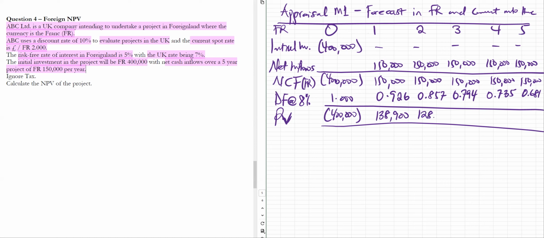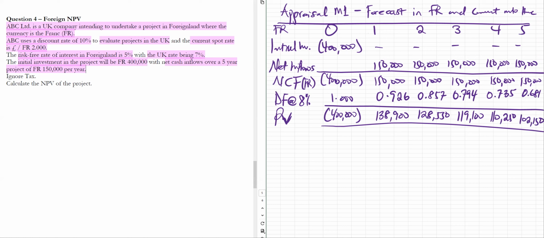So 150,000 by 0.794. That gives us 119,100. Then I have 150,000 going by 0.735. That gives us 110,250. Then you have 150,000 going by 0.681. That gives us 102,150.